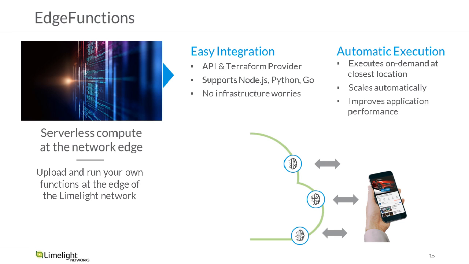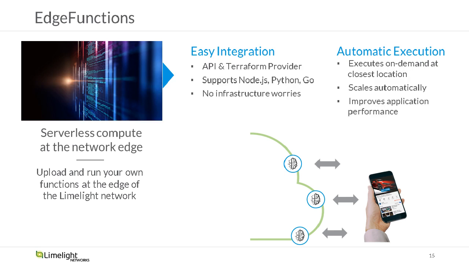When Edge Functions is used in conjunction with the Limelight CDN, developers' code runs as part of the delivery workflow. Being a serverless compute platform, developers don't need to worry about infrastructure at all. That's Limelight's problem, or the network provider's problem if you're looking at other industry solutions. Developers simply need to upload their code and it will automatically be available globally and execute closest to the requesting user in conjunction with CDN delivery.